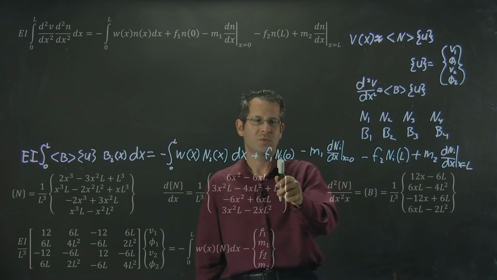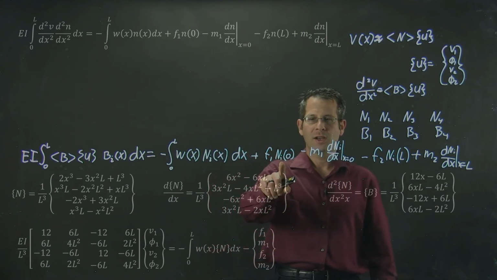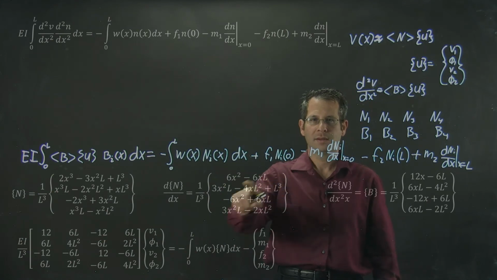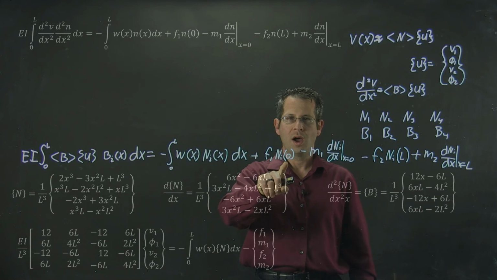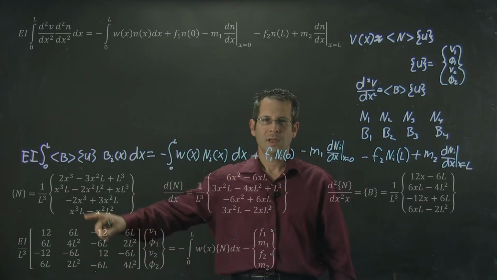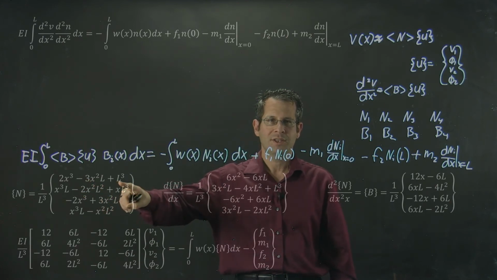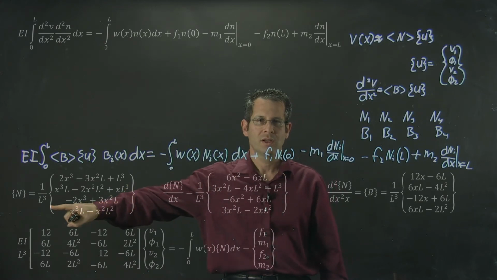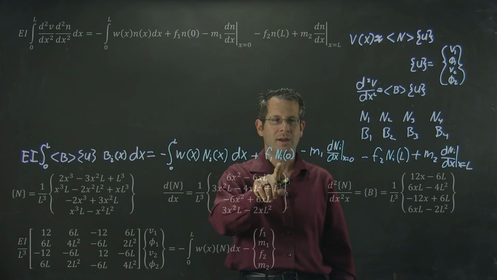In the first one, when I go through i equals 1, if I look at N1 evaluated at 0, I have x equals 0, that term will go to 0, that term will go to 0, this term will not go to 0. I have L cubed over L cubed, that's equal to 1, so this term will be 1.